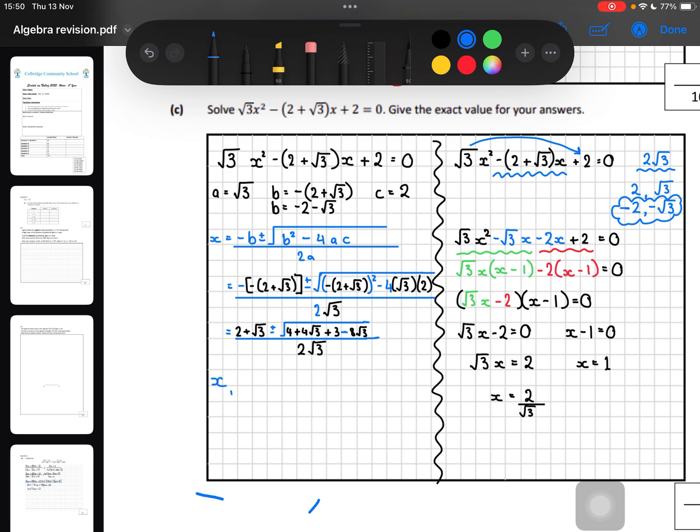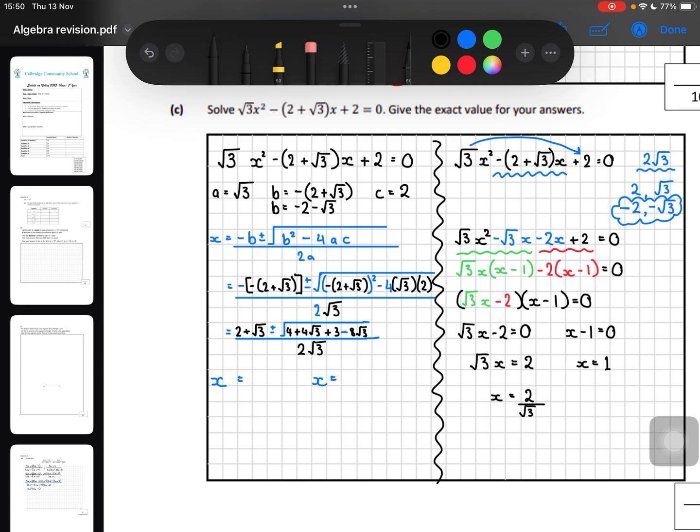Once where I have it with a plus, where the plus or minus is. So remember, if I do let a subscript, it's just a label. We don't need to write it. So I can just write x equals. Okay, and once with a minus. So x equals and x equals.